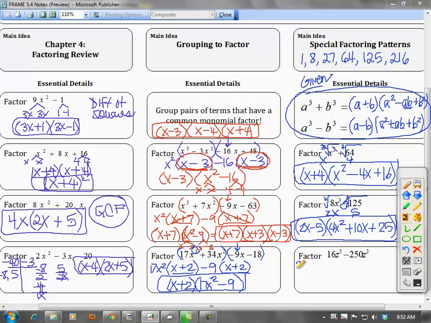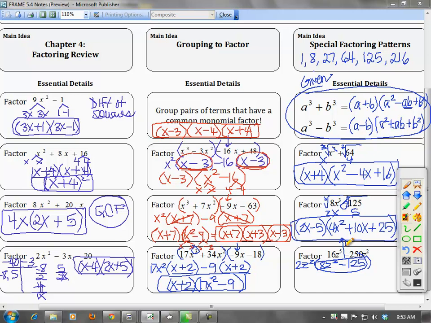So if I pull a 2 and a z squared out, here's what I get: 8z cubed minus 125. And that's important because 8 and 125 we just did. If you look at this, this is exactly the same thing as above, only with z's instead of x's.